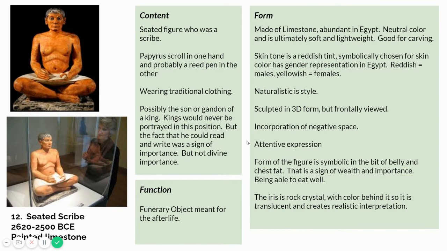He's finished on all sides, but his composition, the way that he's been arranged, he is still designed to be viewed frontally. There's no important information on the sides or the back. We have that wonderful incorporation of negative space that we were able to make note of in Mesopotamia with the votive figures.